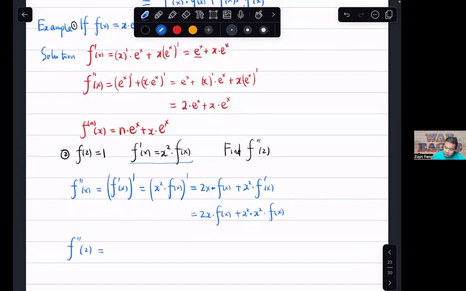So this is equal to 2 times f of 2 plus 2 squared times f of 2. And we know f of 2 is 1, right? So this is 4 plus 16, which is 20. So we can use our product rule to evaluate some function values if the information needed is given.